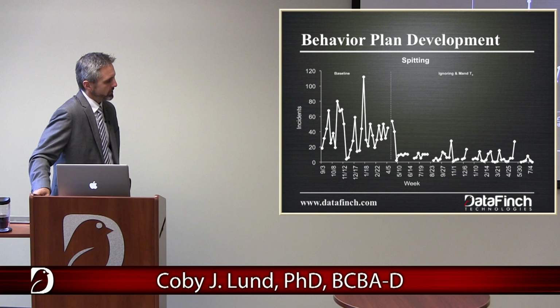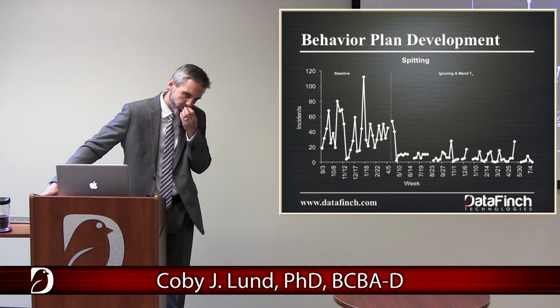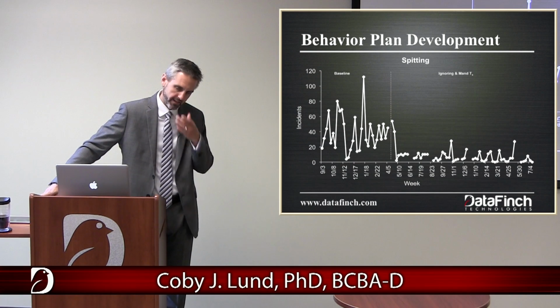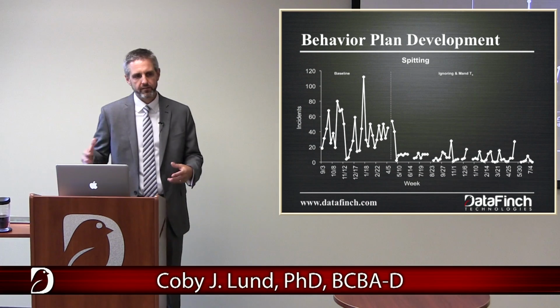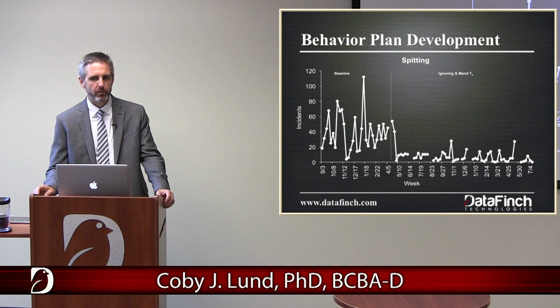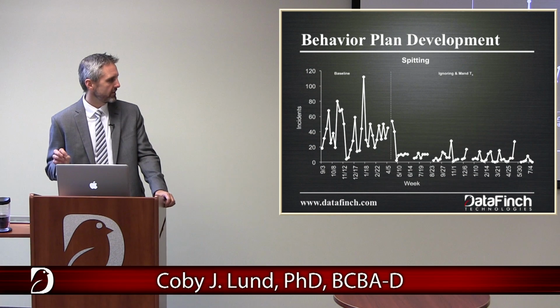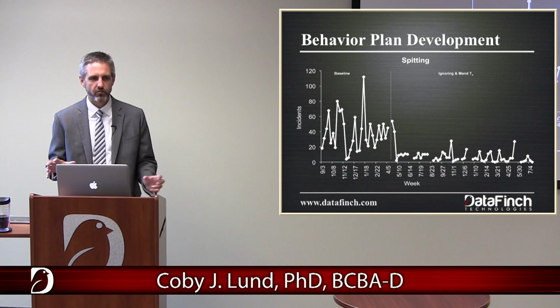Almost all of this spitting behavior was the spitting into his hand and playing with it. That wasn't necessarily associated with work. Why might that be? Why did that behavior not go away? That behavior didn't go away because we didn't address a self-stimulatory function.